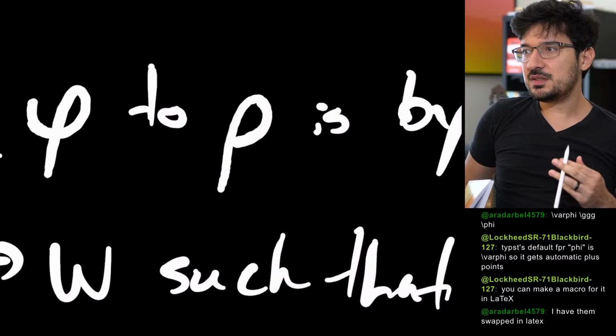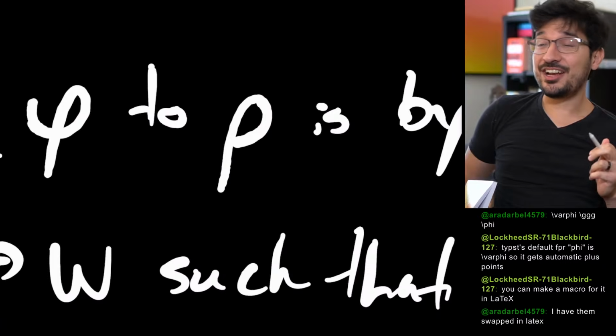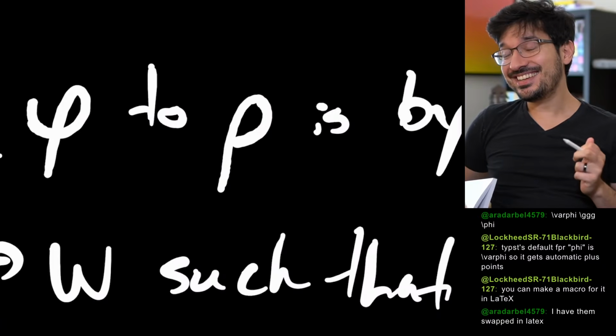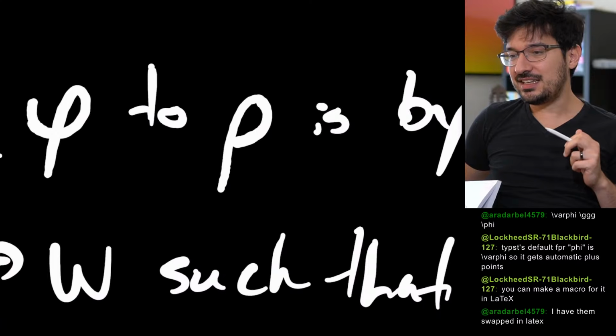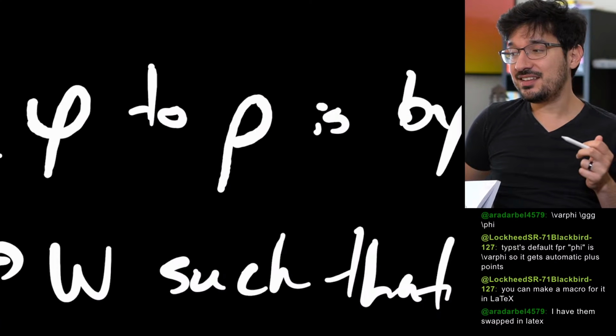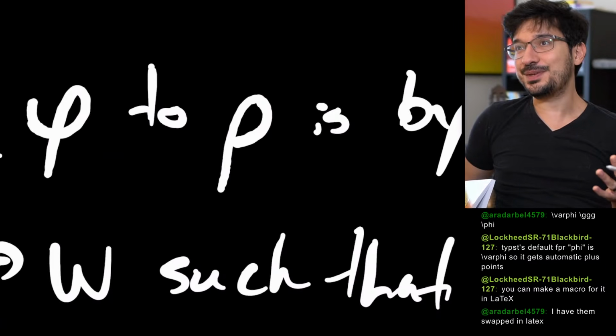Okay, tips defaults to phi, so it gets automatic plus points. Fair. I don't know if you can do this in compiled LaTeX, but you can in KaTeX at least, and most specifically, you can in the app ZenNotes, which is what I'm using.